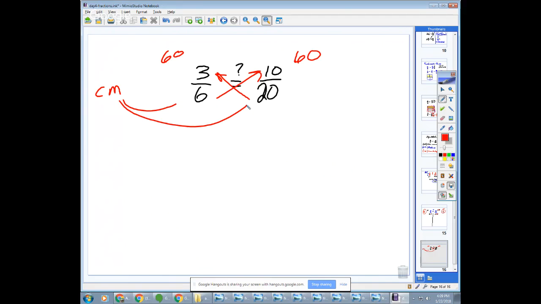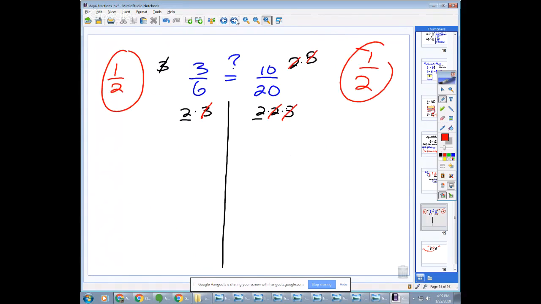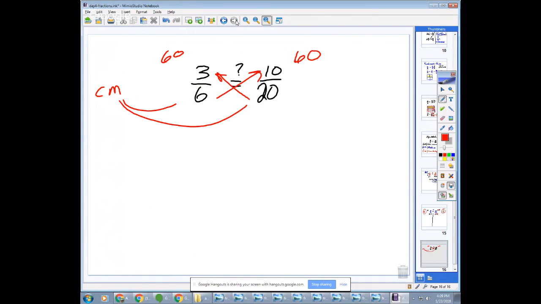The LCM. I'm not getting the lowest common multiple, because when we found the LCM, it ended up making the denominators 30. Here, my denominators are 60. They're bigger than they were before. Now, I think the LCM is hard because it's a lot of work to get it. Then you got to find out which number to multiply by. Here, all I did is cross multiply.